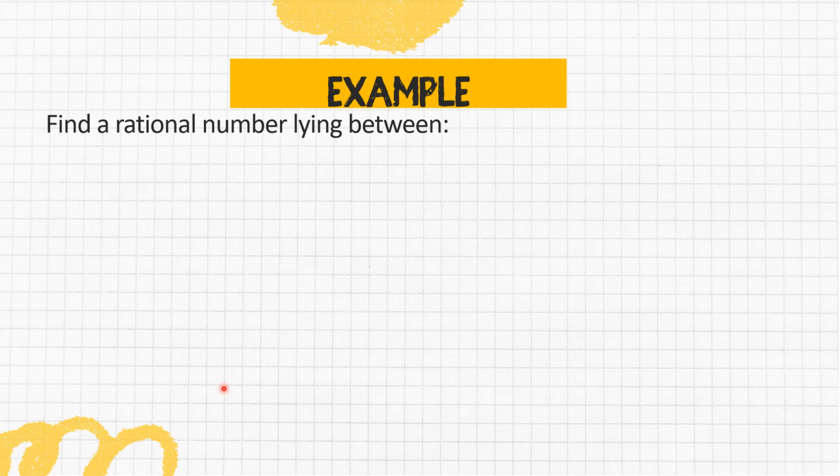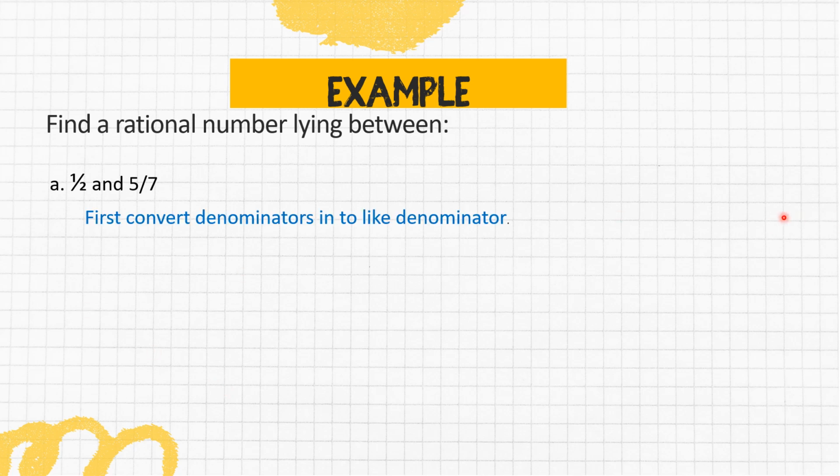Let's have an example. Find a rational number lying between half and 5 over 7. What we will do? First, convert denominators into like denominators. Half will equal 7 over 14, and 5 over 7 will equal 10 over 14.